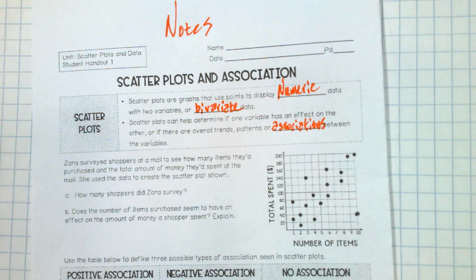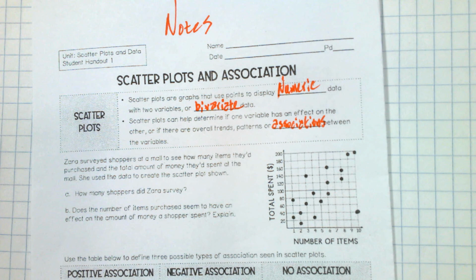Associations. So in other words, does one thing affect the other? Could be, is there any connection between how many pets you have in your family and how many siblings you have? You can graph the data, you can survey a bunch of people, and you can see what it tells you.